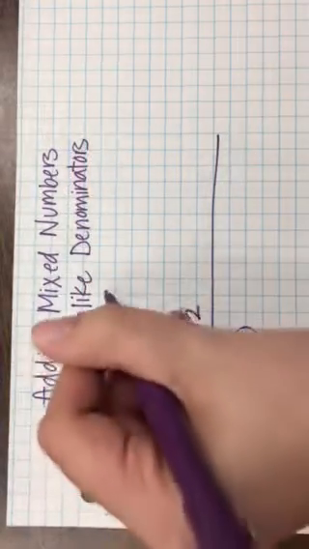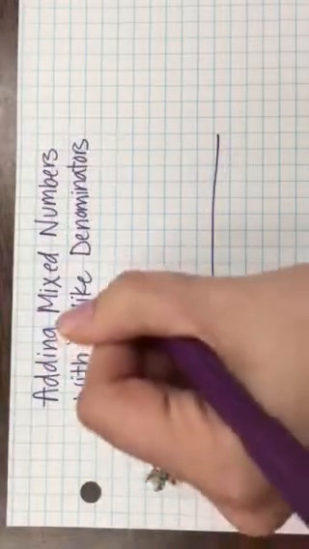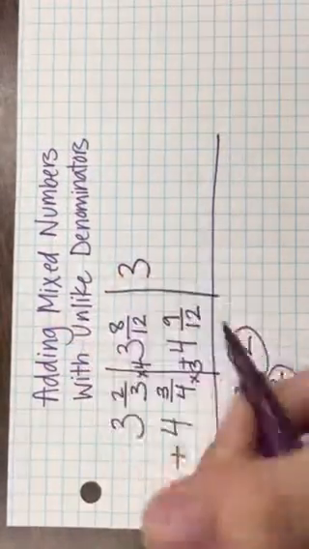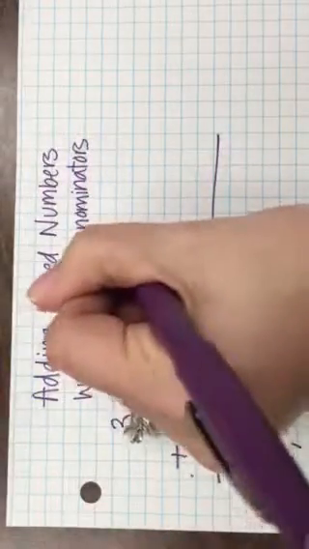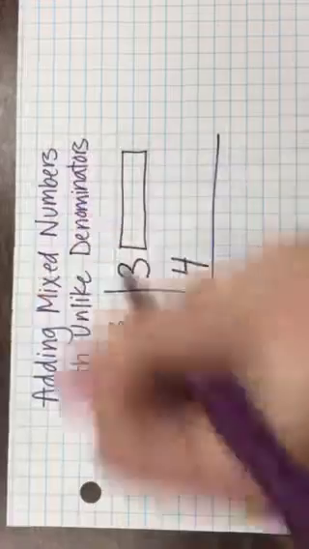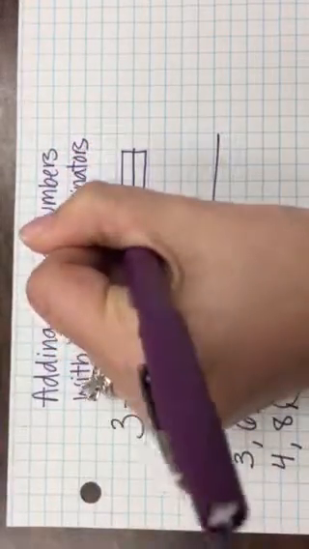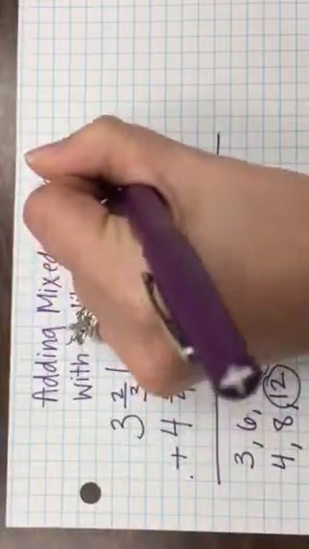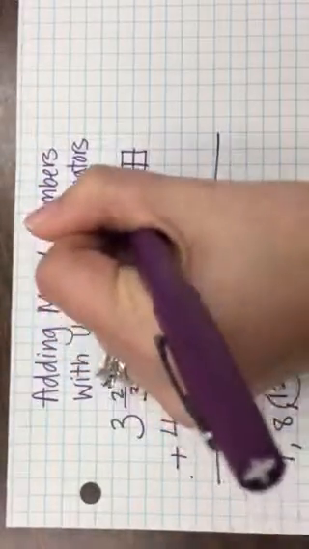So now I'm ready to make my model and add the numbers. I'm going to keep my whole numbers, and then I'm going to draw out my fractions. So I'm going to draw a fraction bar for 8/12, and then I'm going to draw and color in 8.